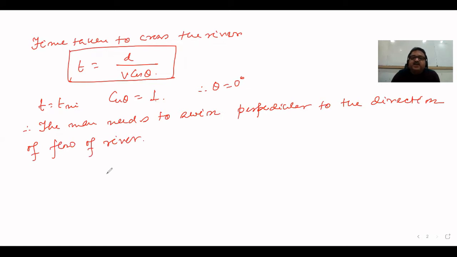Correct? Now, watch an important thing related with this. When the man needs to cross the river in the shortest time, is it possible for the man to cross the river directly opposite? That means suppose the person is standing at this side of the river. Is it possible to cross the river just to the opposite bank?